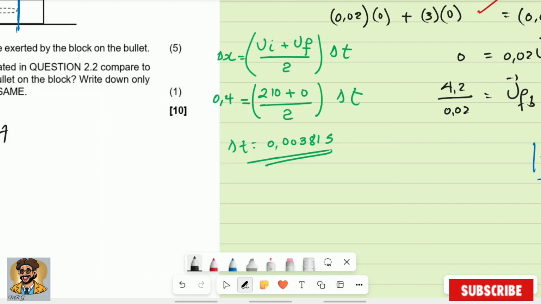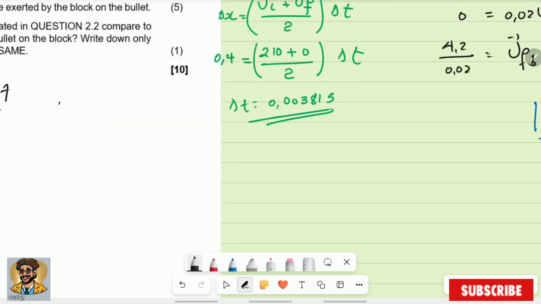Is there any other way to do it? There are other formulas? Yes, let me show you. There is, for instance, final velocity squared equal to initial velocity squared plus 2 times acceleration multiplied by the displacement. You can use this one to calculate acceleration. There is no time in that formula.